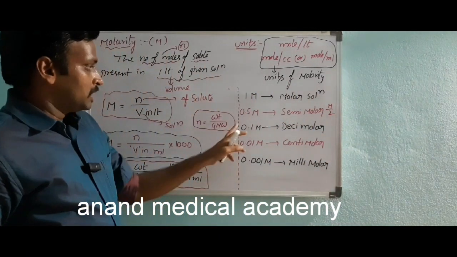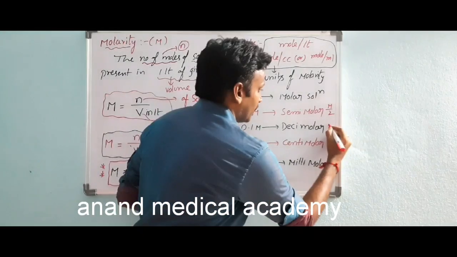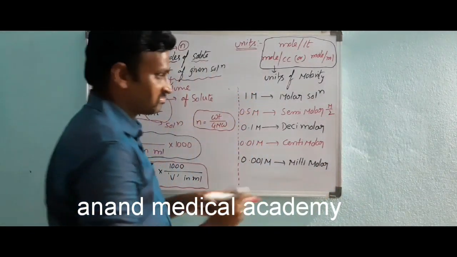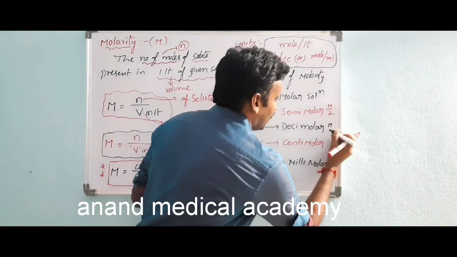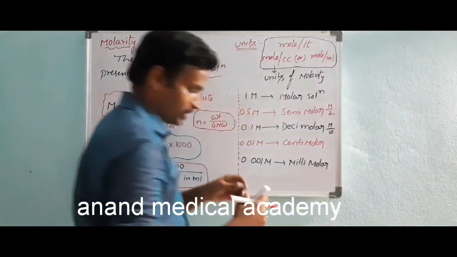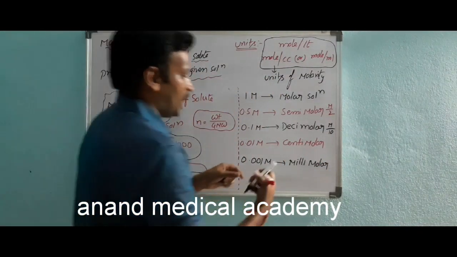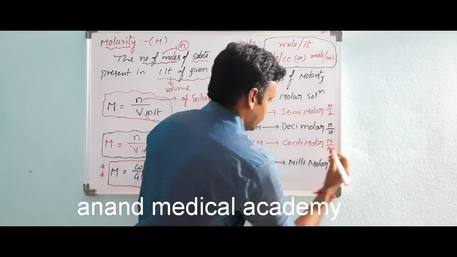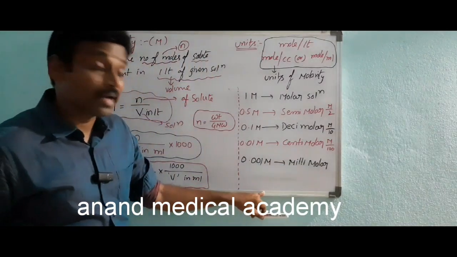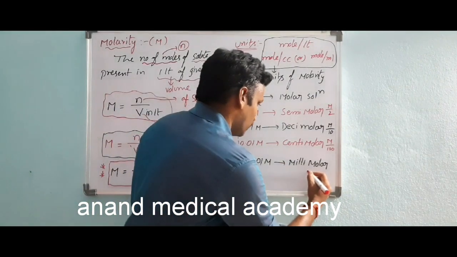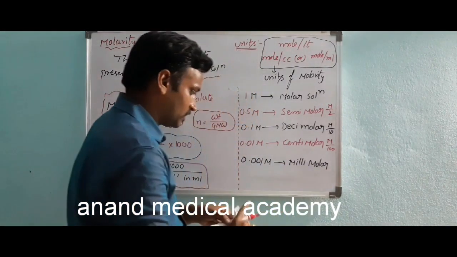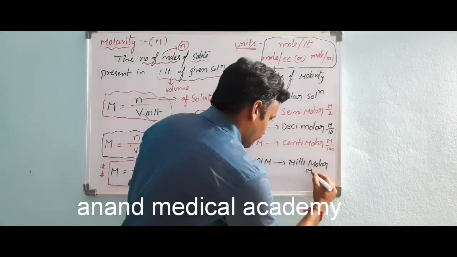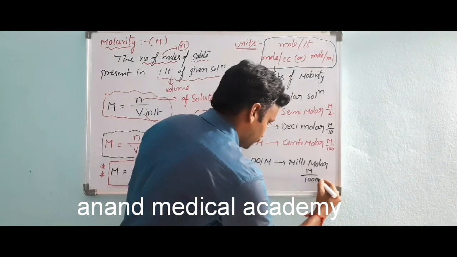0.1 you can write as M by 10. And this you can write M by 100 is a centimolar. And millimolar means you can write M by 1000, or you can use 10 power minus 3.